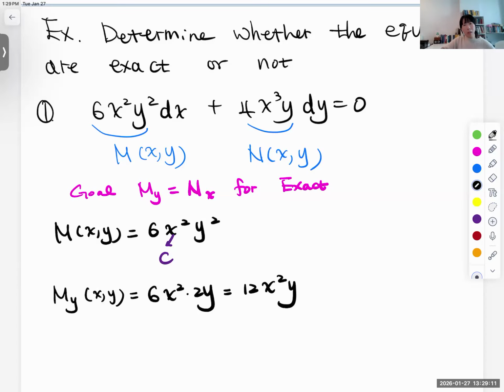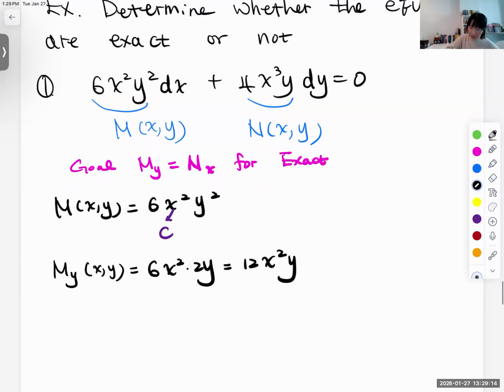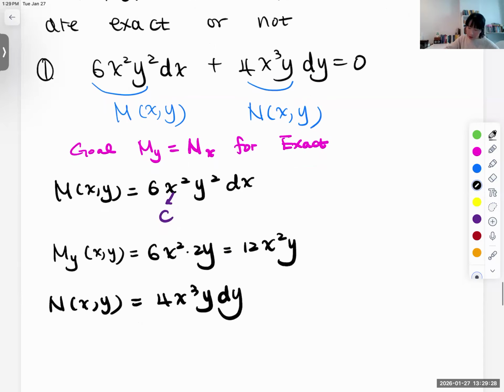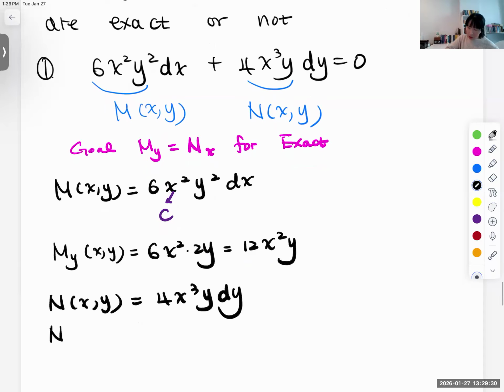Okay, now we have N of xy equal to 4x to the third power y. Now we're looking at the N equation and the partial derivative with respect to x.